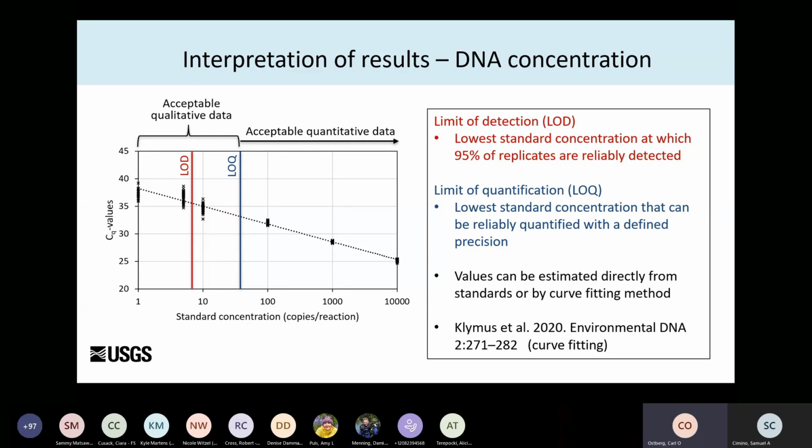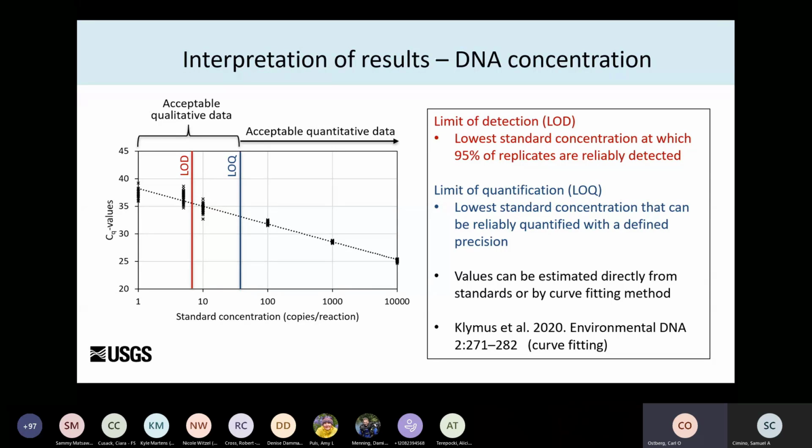Then eDNA concentrations that fall above the LOQ are reliably quantified, and they are acceptable as quantitative data. The idea is that we'll have a reliable estimate of the number of eDNA copies for samples that fall above the LOQ.